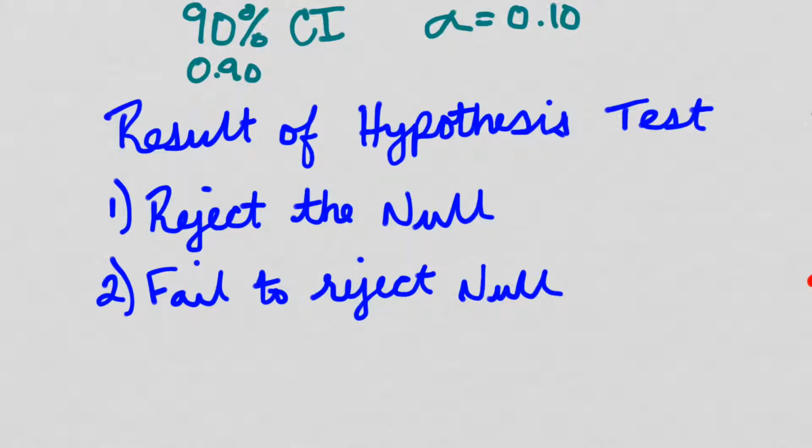So we can either reject the null hypothesis, saying the null was not true, or we can say we don't know if it's true or not. Those are the two options. We cannot say that the alternate hypothesis is true. So we can reject the null, or we can fail to reject the null.